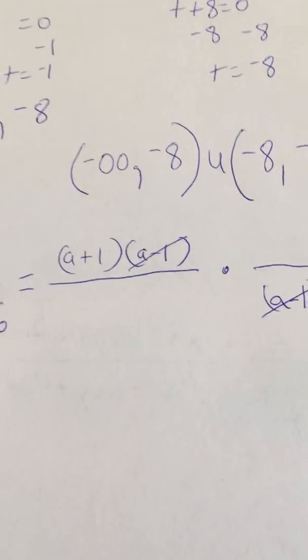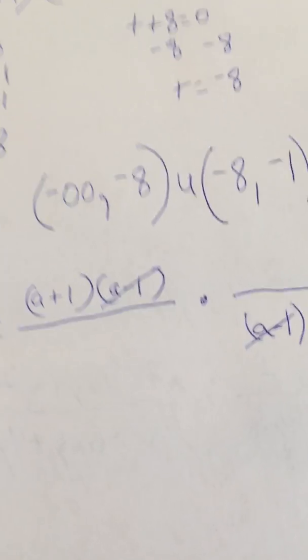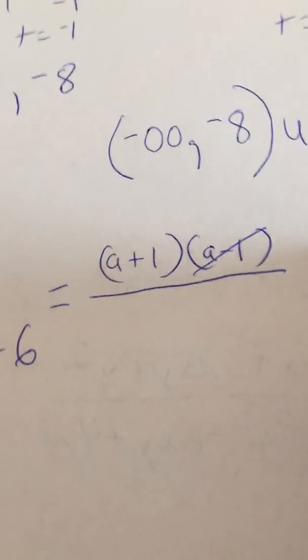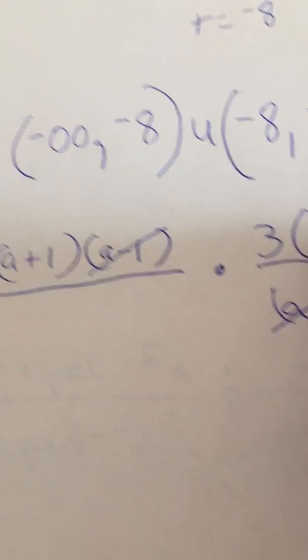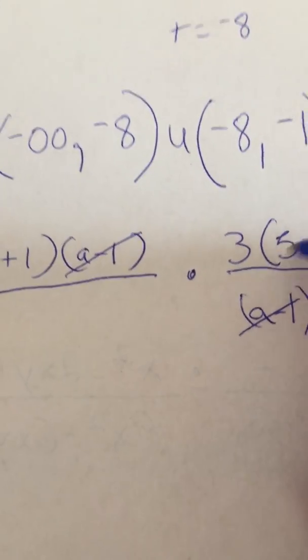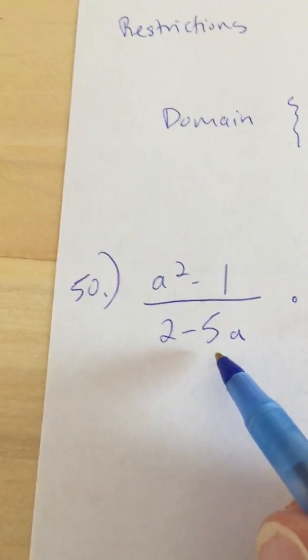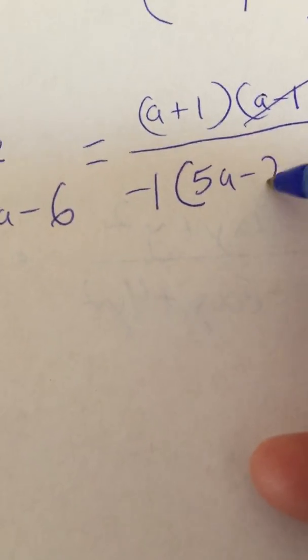And what I want to do over here is I would like to deal with this numerator, and I'd like to pull out the 3, and then it'll leave me with 5a - 2. And what you're going to see over here is that I have this 2 minus 5a. So I'm going to pull out the -1, and I'm going to say 5a - 2.